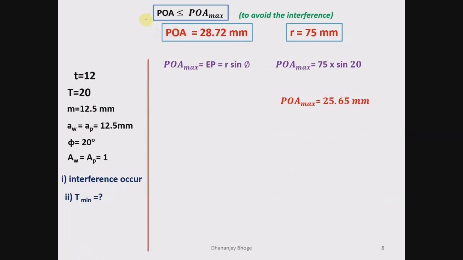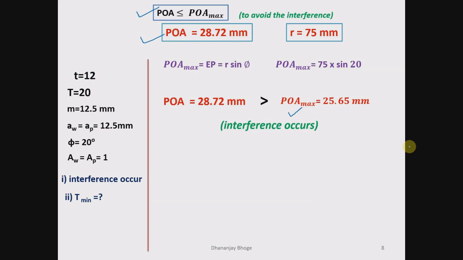Now we are at the end of the problem. What we have to check is this condition. POA, path of approach, is 28.72, and path of approach, its maximum value, is 25.65. So let us compare these two values. What we see, path of approach is greater than its maximum value, so interference is there.